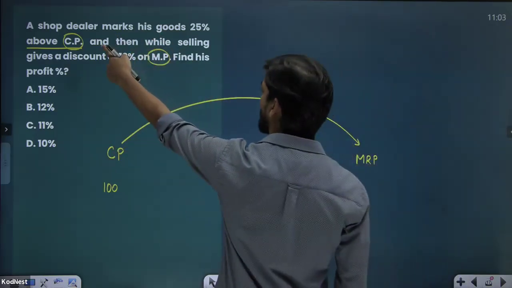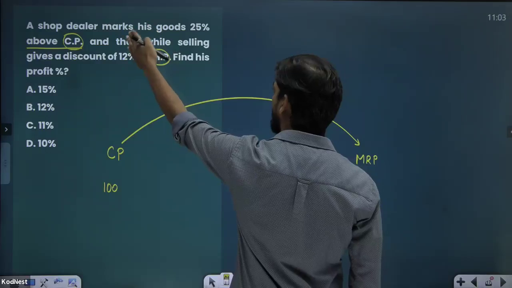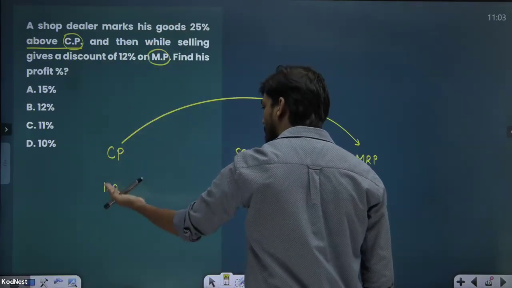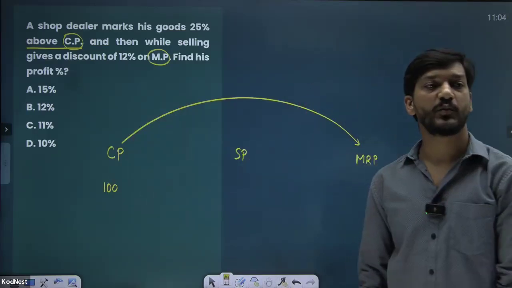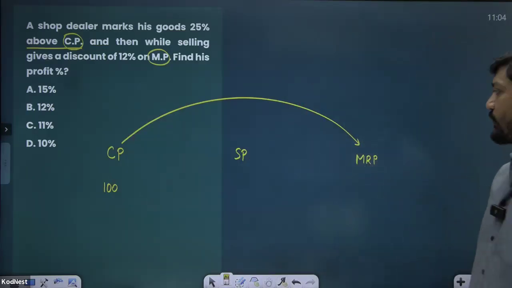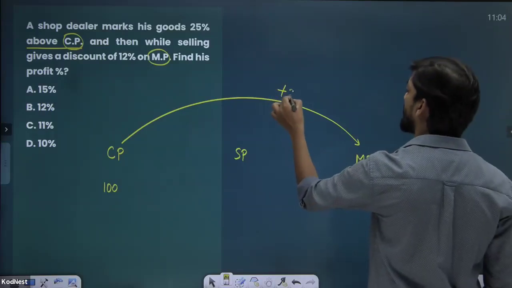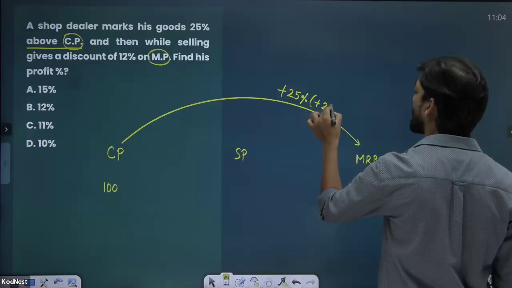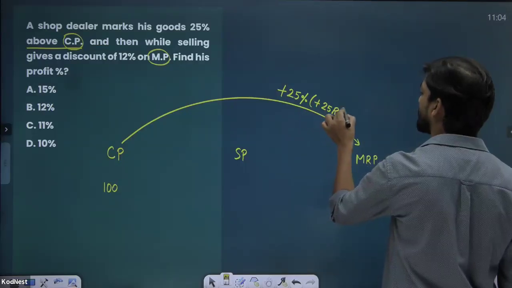As per the first line, a dealer is marking the goods 25% above cost price. So 25% above cost price, that means how much? 125. Okay. That means plus 25 rupees extra.